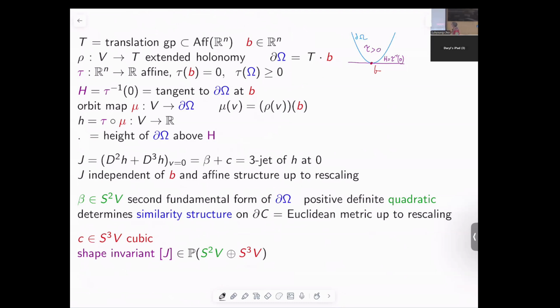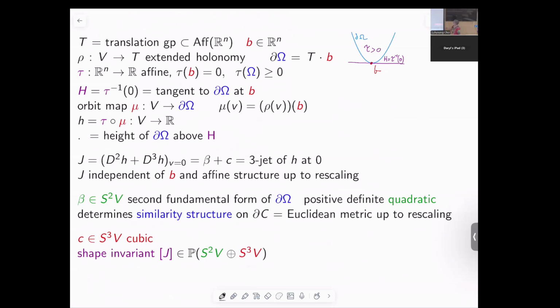So what we've got here is a strictly convex surface, the boundary of omega in Euclidean space, non-compact. And we've got a translation group, a group of affine transformations acting simply transitively on this surface. From that information, you can get a quadratic polynomial and a cubic polynomial.